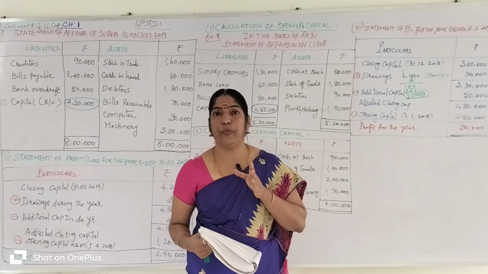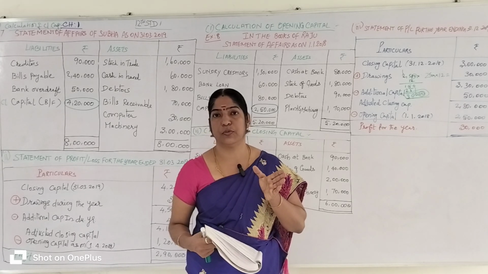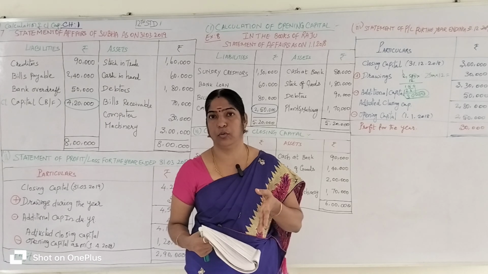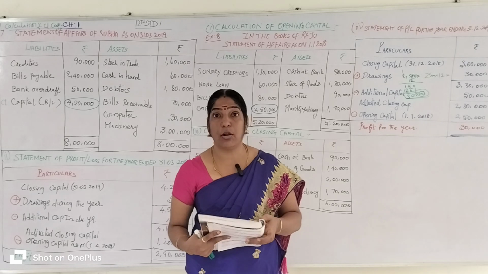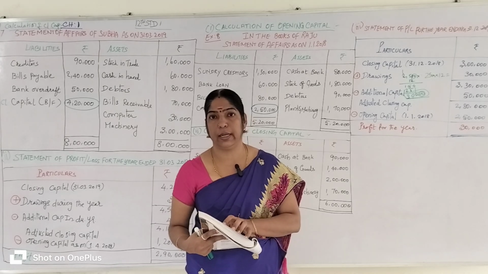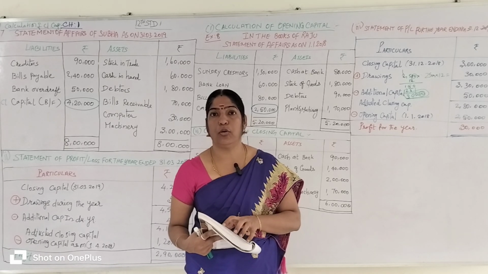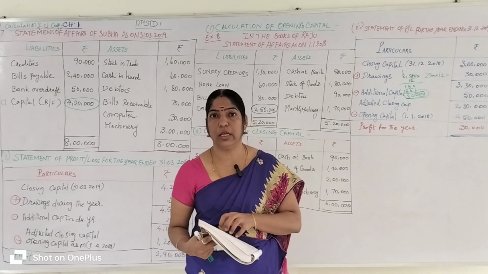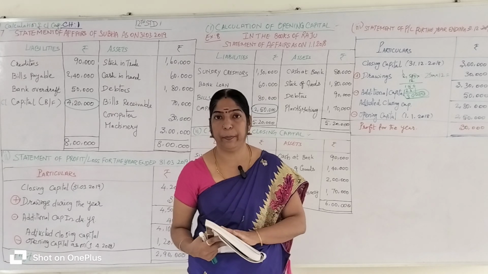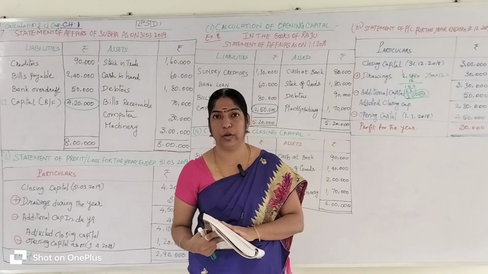We are going to find out the profit or loss for the year ending. Whose account is this? This is Raju's account. Raju does not keep proper accounting records. So he follows incomplete accounting records. So from that incomplete accounting records, we are going to prepare profit or loss for the year.